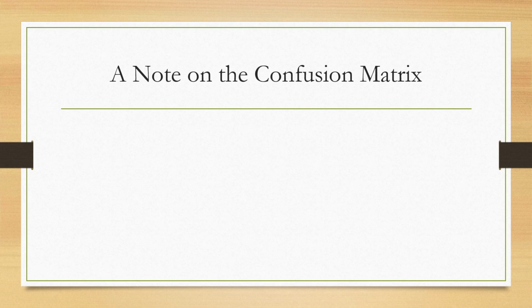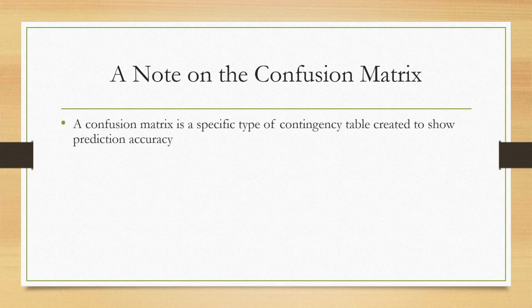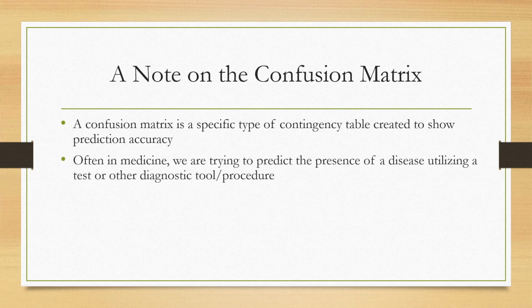All right, so let's quickly, and I apologize, this is a bit of an aside in this class, but I feel like we should really talk about it because it is something that comes up, especially in medicine, this confusion matrix. Now, a confusion matrix is a specific type of contingency table, and we do this to show prediction accuracy.